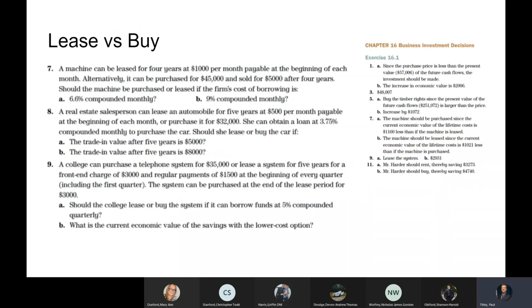So we've got 4 years times 12, which is 48 periods, so N is 48. Alternatively, it can be purchased for $45,000 now and sold for $5,000 after 4 years. So the residual value is $5,000.